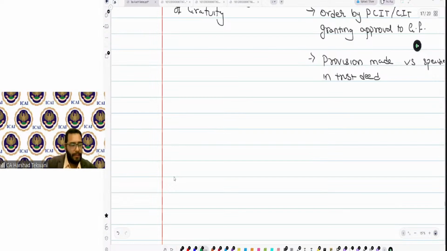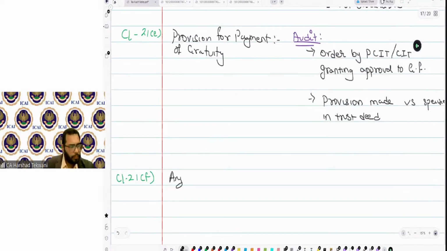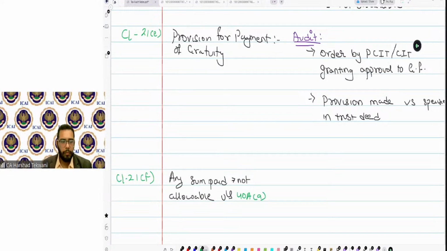Then we have clause 21F, which talks about any sum paid by the assessee as an employer not allowable under section 40A(9).